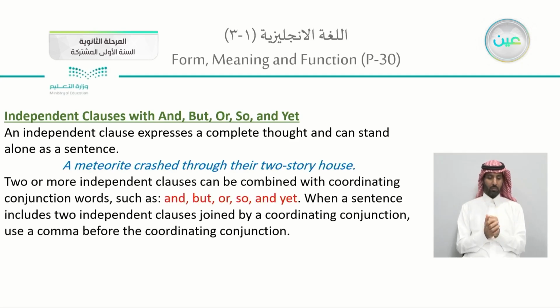Two or more independent clauses can be combined with coordinating conjunction words, such as and, but, or, so, and yet. When a sentence includes two independent clauses joined by a coordinating conjunction, use a comma before the coordinating conjunction.